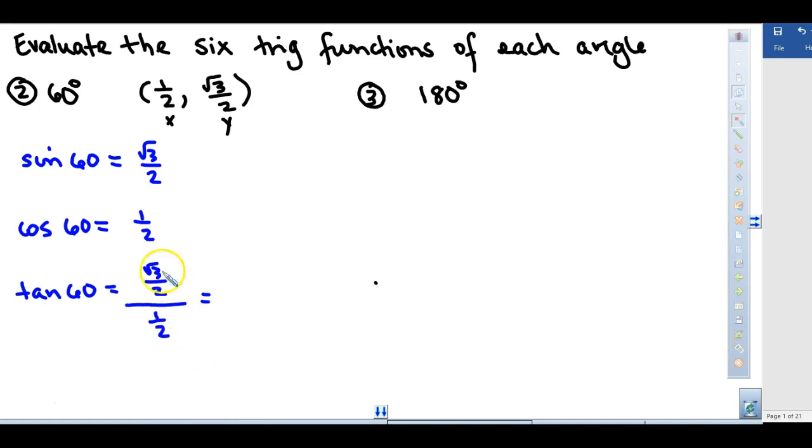You can simplify that by multiplying top and bottom by that common denominator of 2. The 2's cancel. So you're left with square root of 3 over 1, which is just square root of 3.